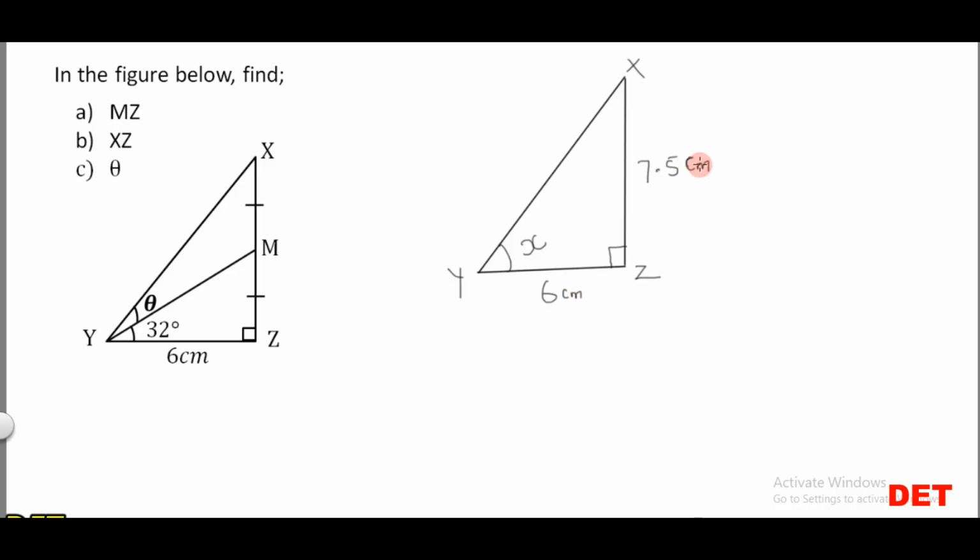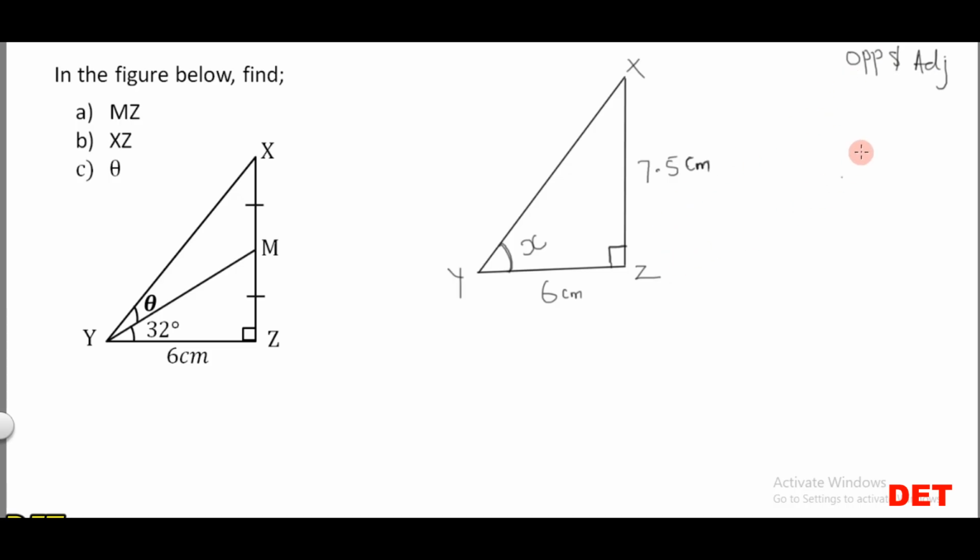The side facing this acute angle is the opposite, while the side where this acute angle and this right angle lie is the adjacent.